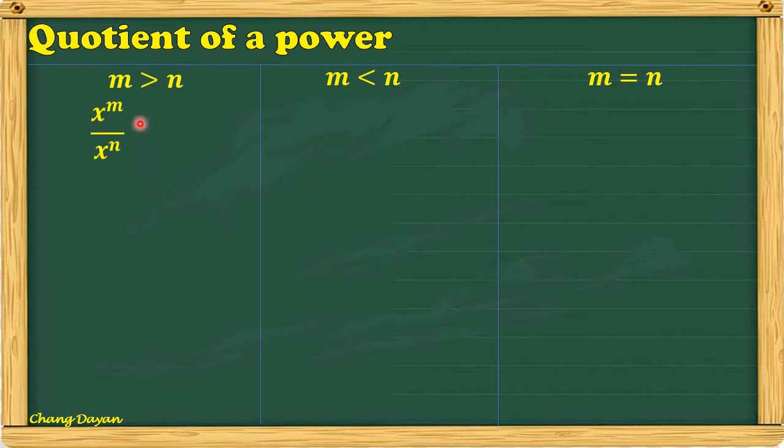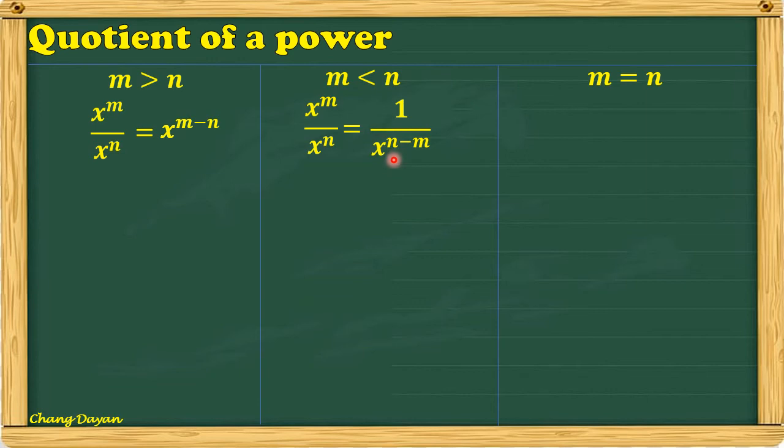So, x raised to m all over x raised to n. Ang gagawin lang po, kukunin natin ang difference ng exponent ng numerator at denominator. Okay. At kapag naman ang m ay less than n, ang gagawin natin, get the reciprocal. Okay? So, we have 1 all over x raised to n.